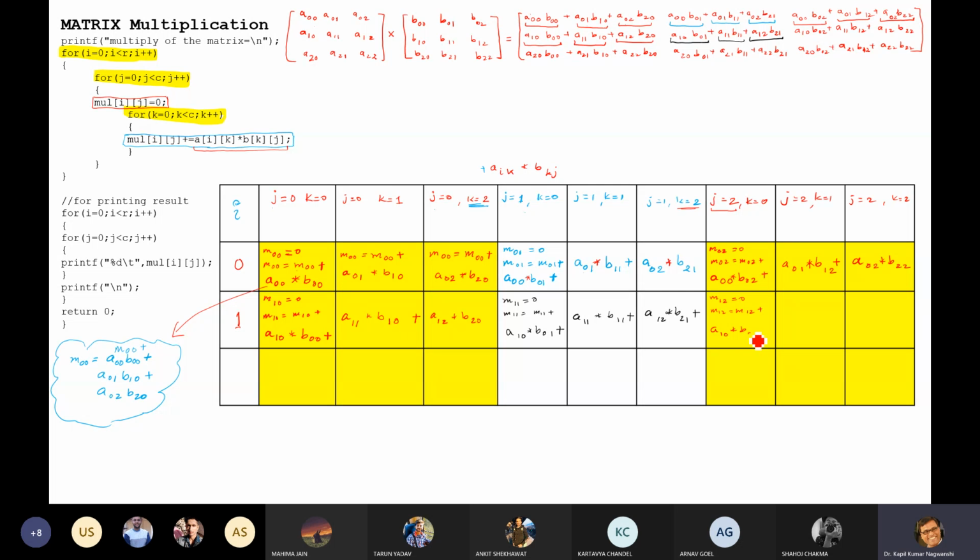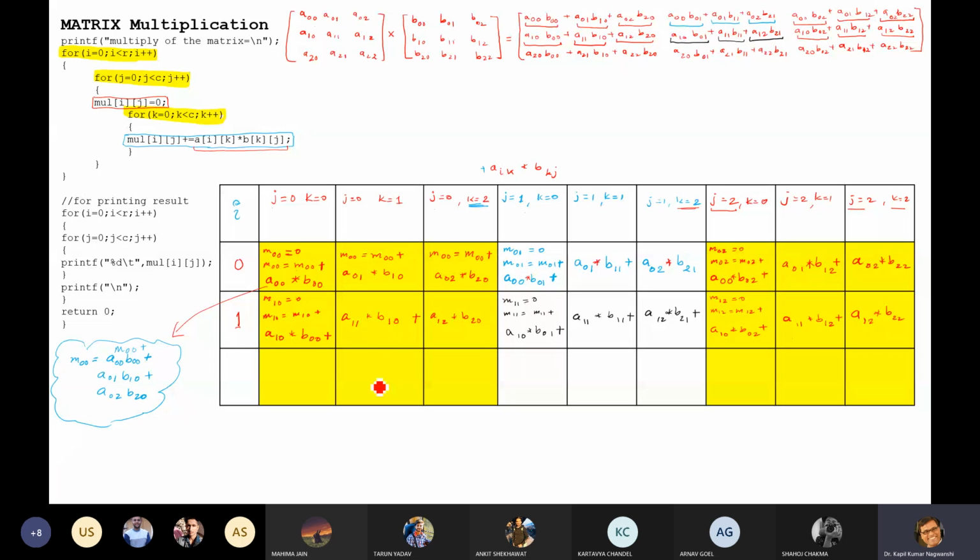This is our next term, plus a, i is 1, k is also 1, multiplied by b k j, 1, 2. Then plus a, i is 1, k is 2, multiplied by b, 2, 2. Fine. Now j is also completed, k is also completed.